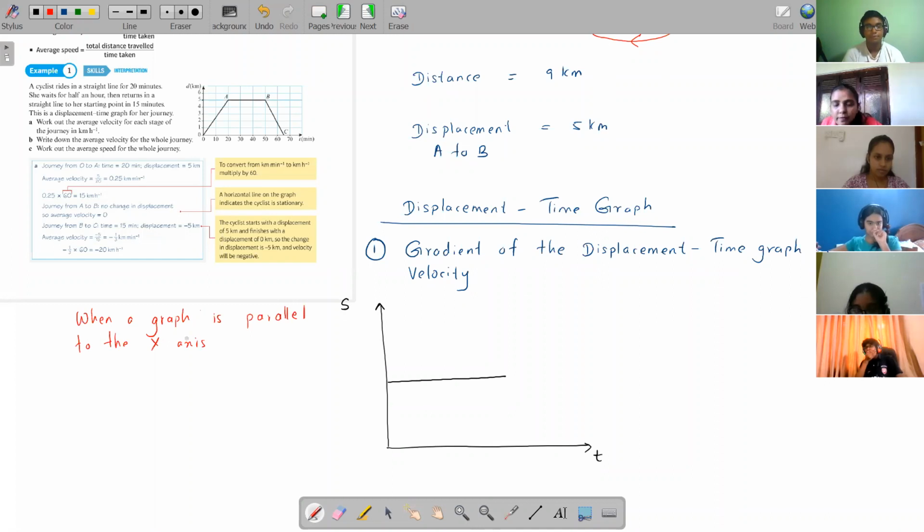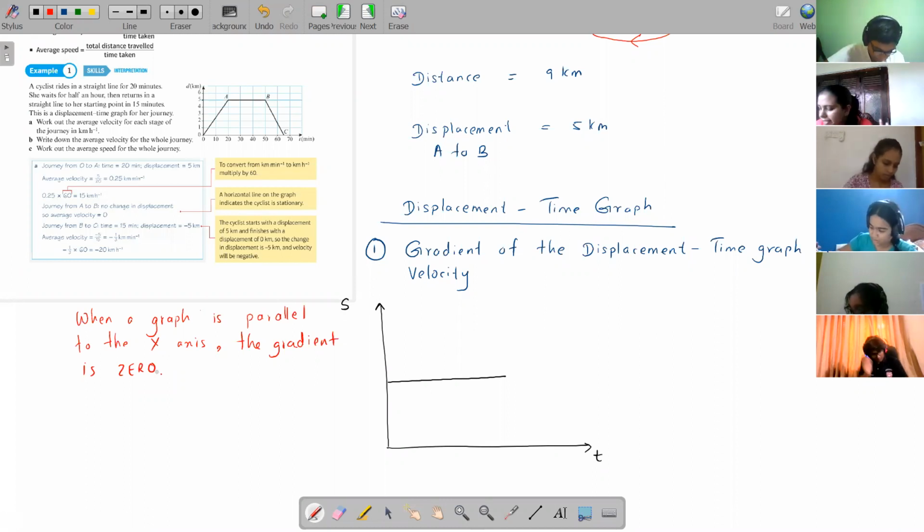What's going to happen when a graph is parallel to the x-axis? The gradient is 0. So please write this down, note it down, and remember this. When any graph is parallel to the x-axis, the gradient is 0.